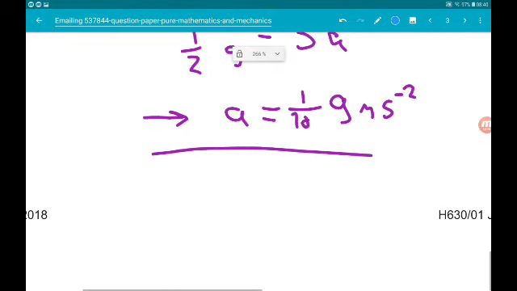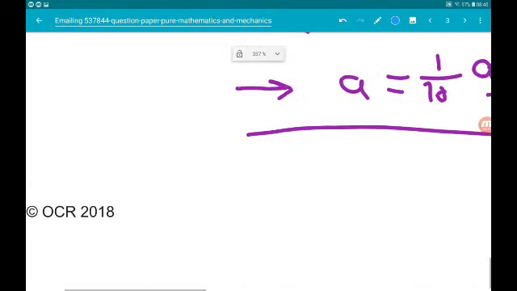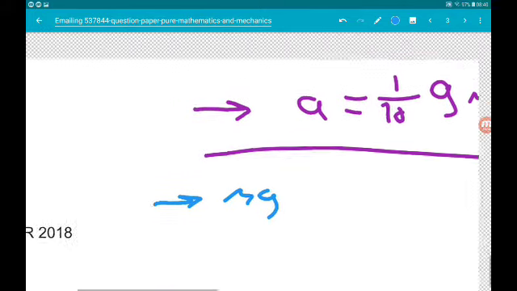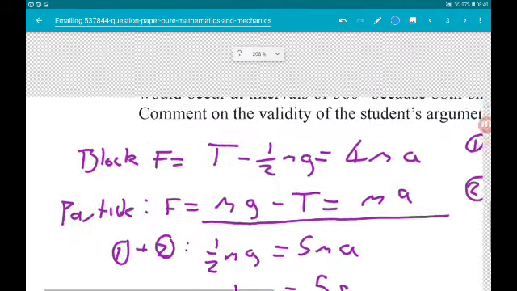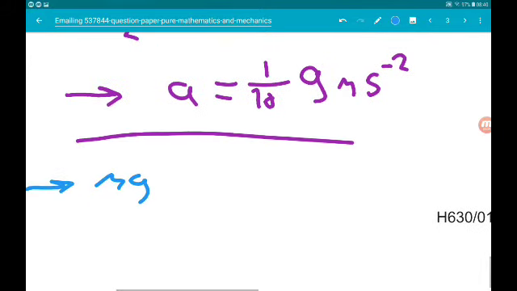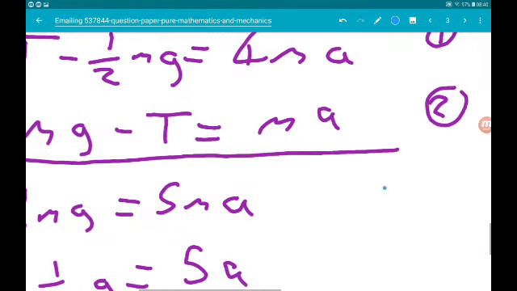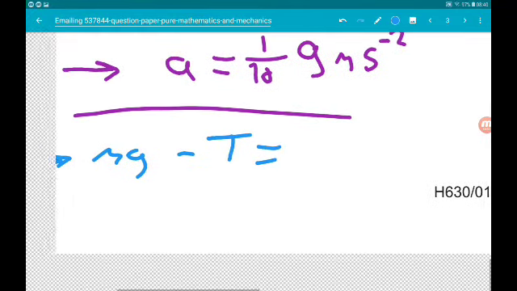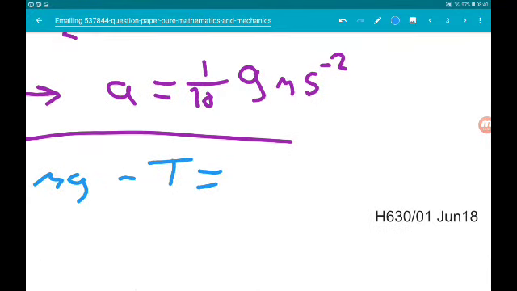So mg minus tension is equal to m times a, so m over 10 g, or mg over 10.